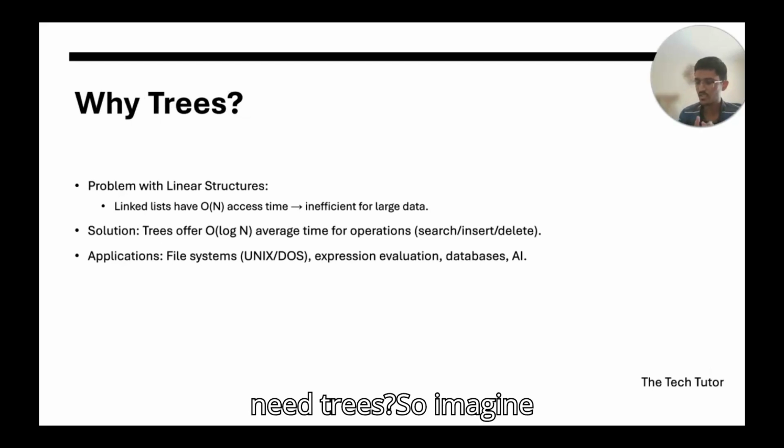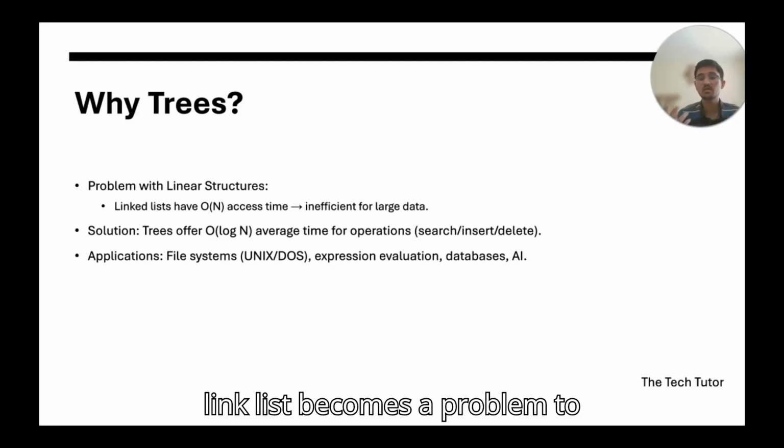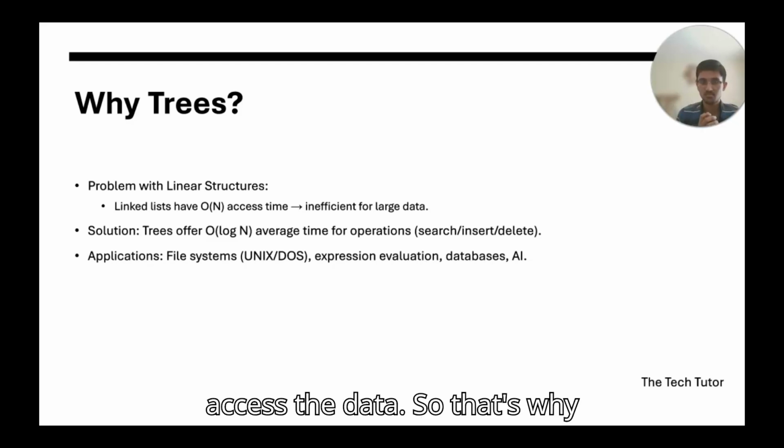Okay, why do we even need trees? Imagine you have a linked list. A linked list has O(n) access time, but this is inefficient for large data. So with large data, a linked list becomes a problem to access the data.